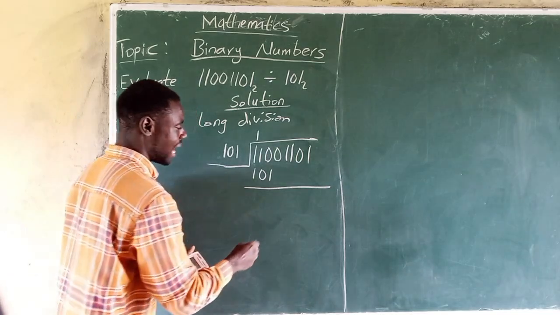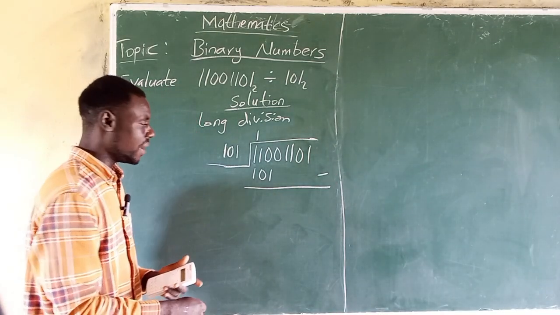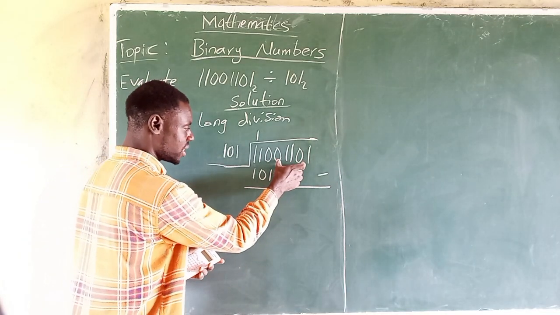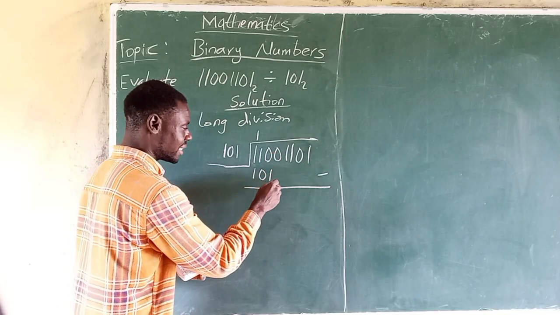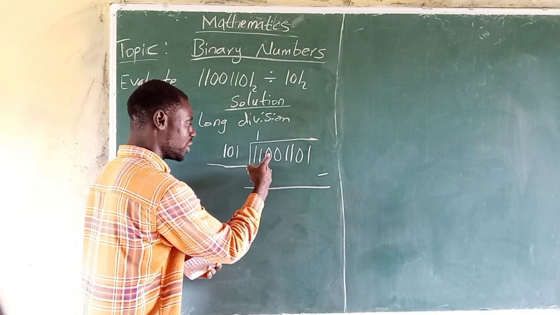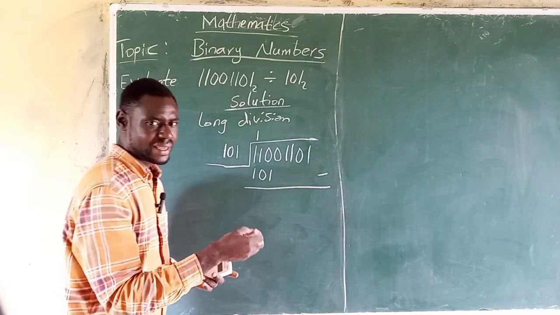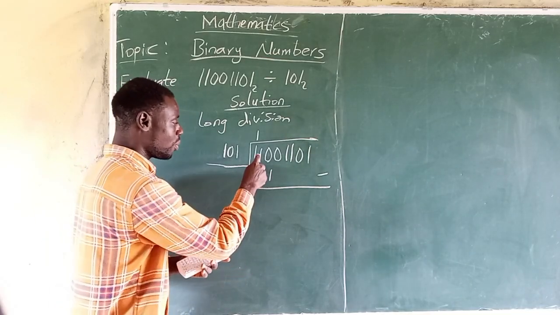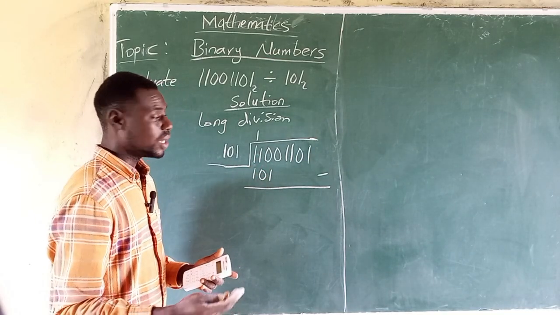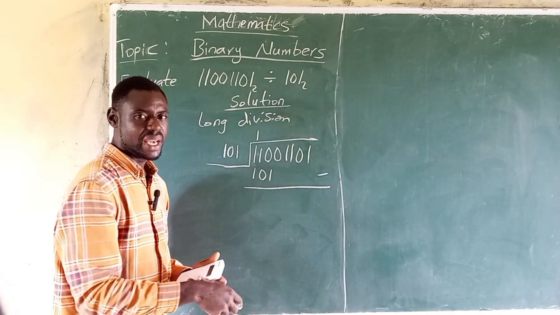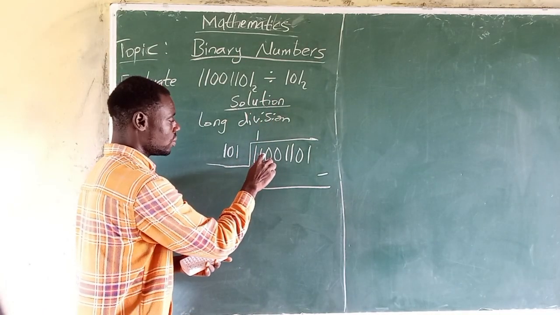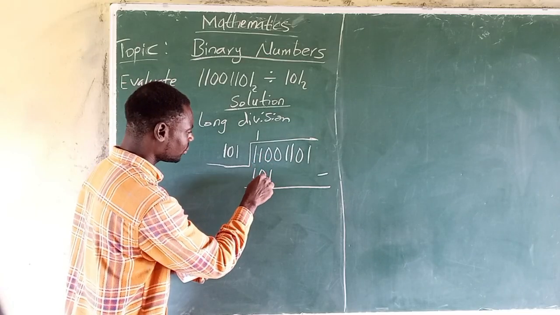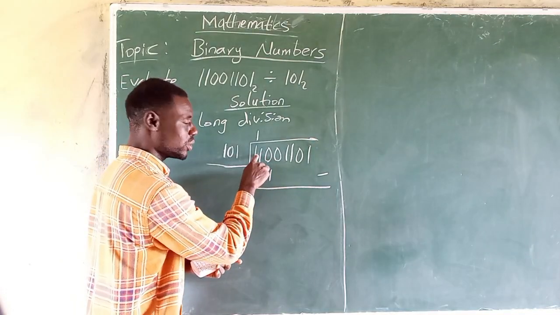Now you subtract. When you subtract, remember these ones are still coming down, so this minus this, it cannot, so you borrow 1 from this place. In number addition and subtraction in base 10, when we borrow we write 10, but in this case, since it is in base 2, we take it as 2. So the one you are borrowing is 2.